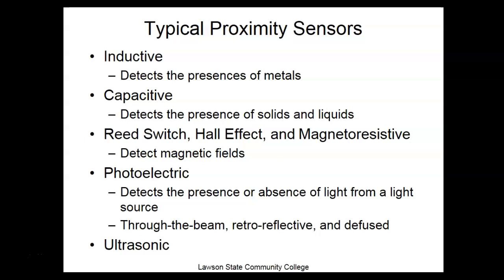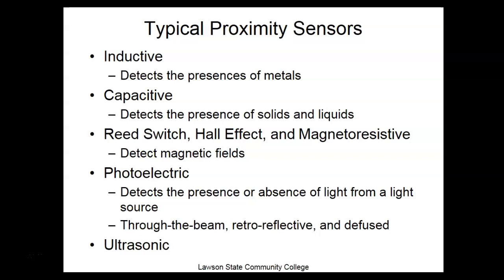Photoelectric, these guys are going to either break or allow a light to pass between a transmitter and receiver, or it's not. And we'll show y'all those. Both of these lines have extensive use of photoelectric sensors. Ultrasonics, we have ultrasonic sensors on both of our lines, so we'll look at those.